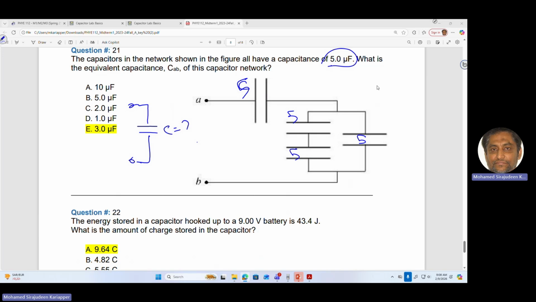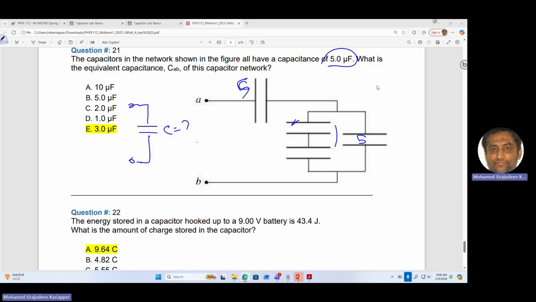You recognize these two are in series. Any question with that? These two are in series. Can you see anything else that is in series? No. Can you see anything else that is in parallel? No. The only thing that is clear is these two are in series. So I can replace these two by just one capacitor.